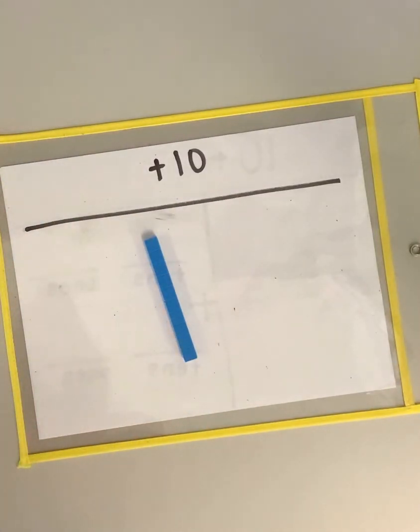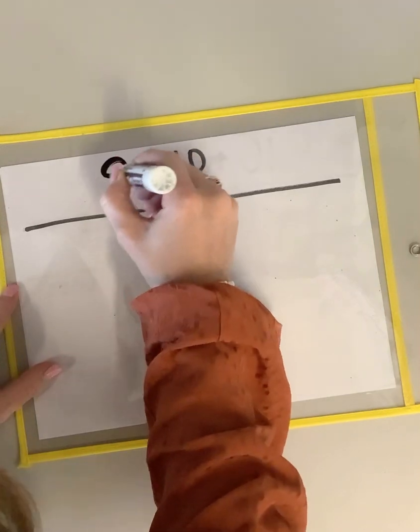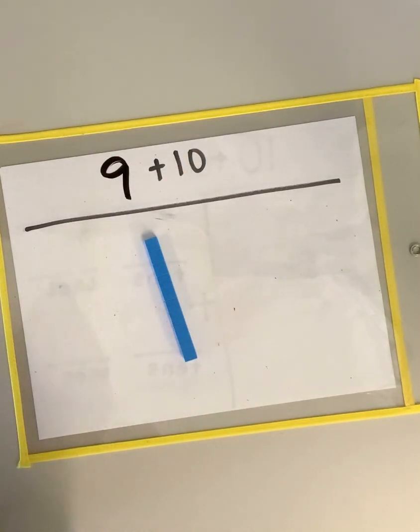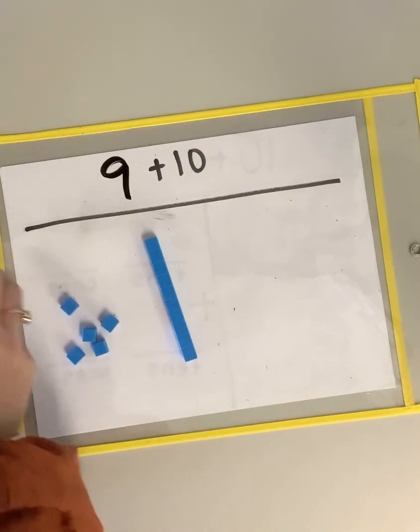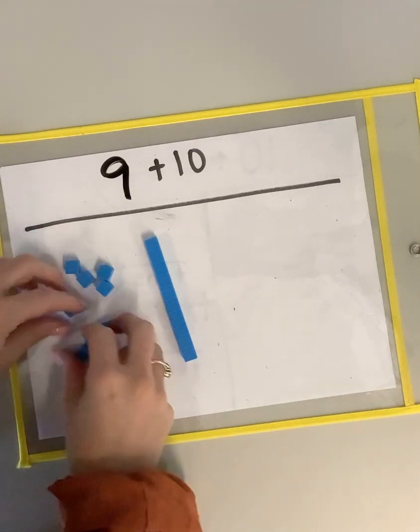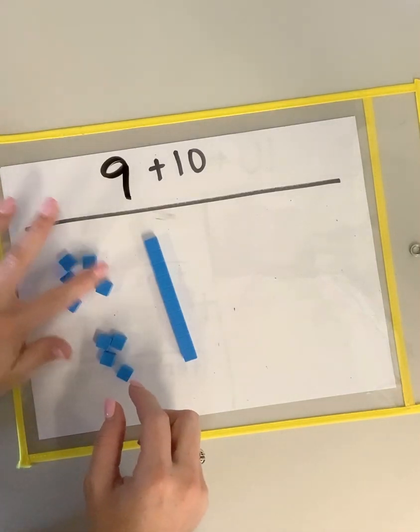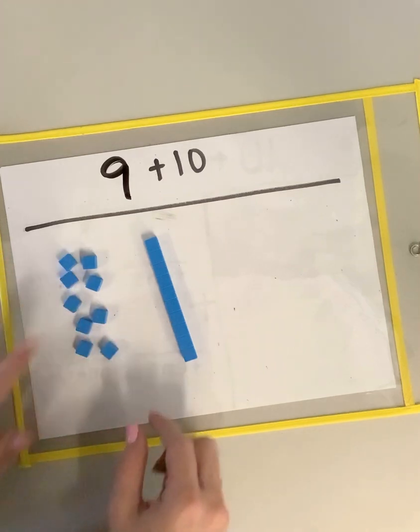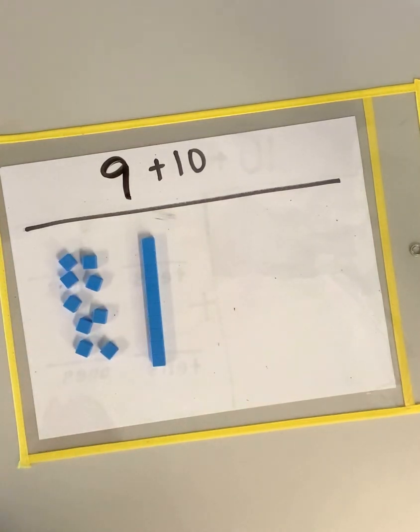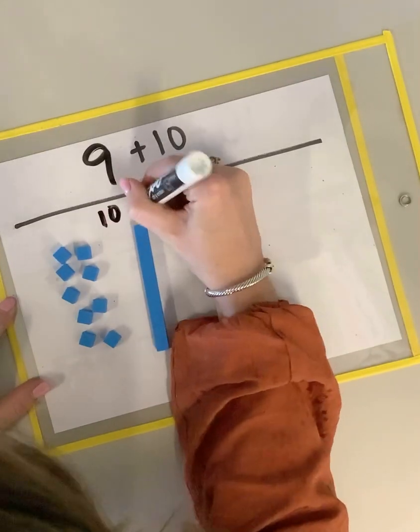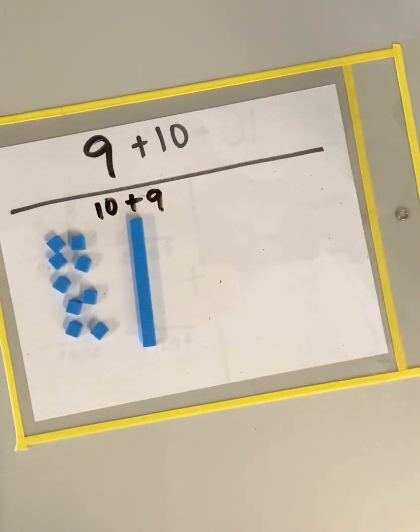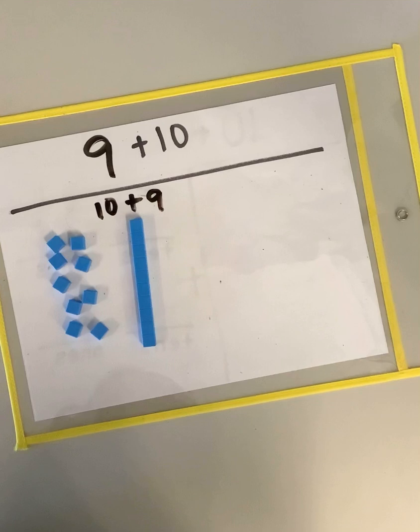What about our last example? 9 plus 10. 1, 2, 3, 4, 5, 6, 7, 8, 9 plus 10 still equals 19. Just like 10 plus 9 equals 19. It doesn't matter what order they're in, they still equal the same thing.